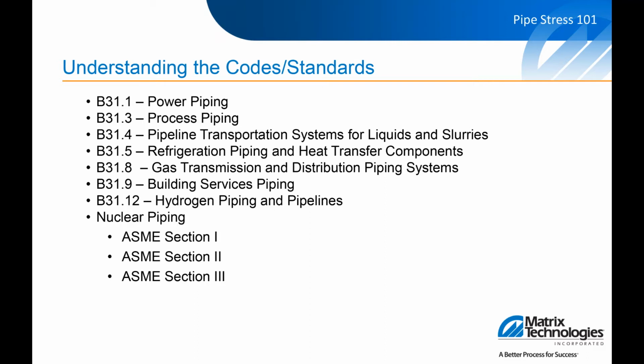Today we're going to focus on process piping, B31.3. This is typically what you're going to see in a refinery or a chemical plant. Even in a distillery or a food process, the steam piping is going to fall under B31.3. B31.1 power piping you may see right around the boiler, but once you get out into the plant, it's going to be B31.3.